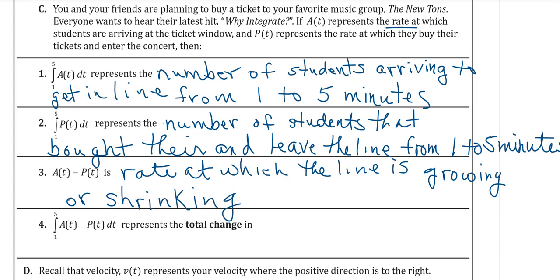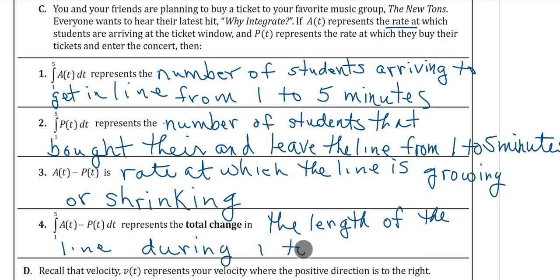Okay, and then if I integrate from 1 to 5 of A of t minus P of t dt, that represents the total change in the length of the line during 1 to 5 minutes.